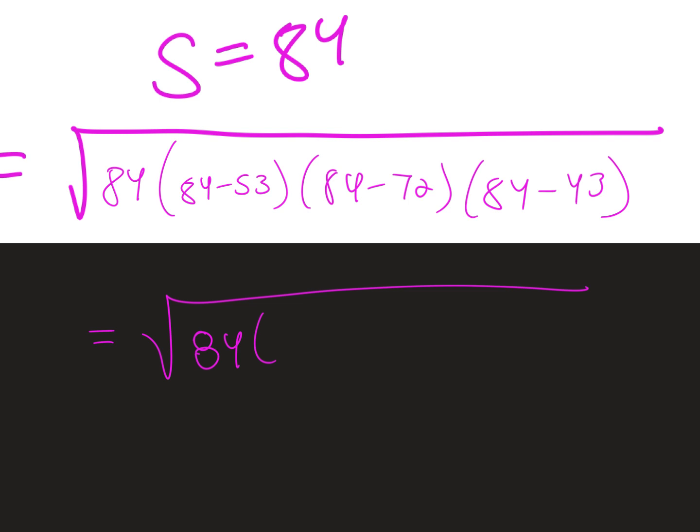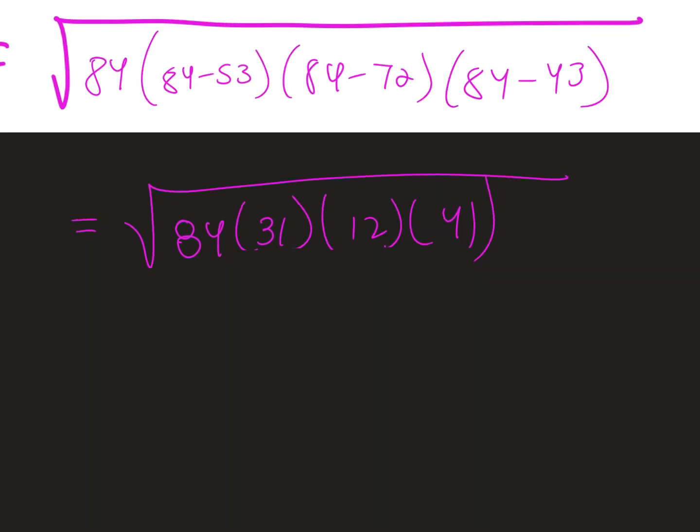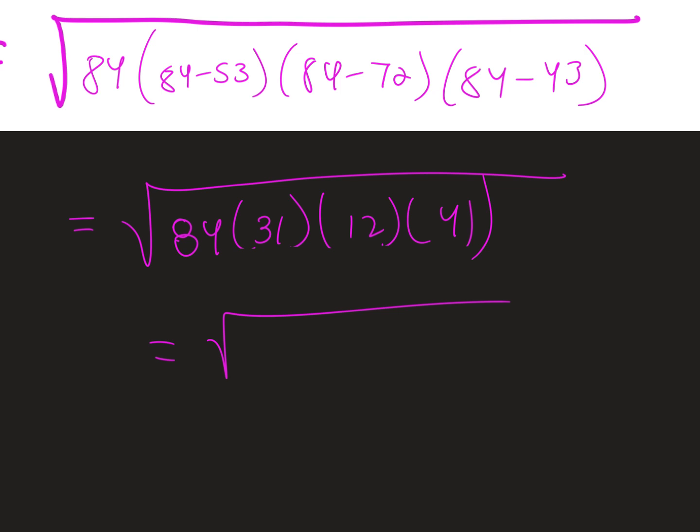What's 84 minus 53? 31. What's 84 minus 72? 12. 84 minus 43 is 41. Yeah? What do I do with all those numbers? 84 times 31 times 12 times 41. 1,281,168.